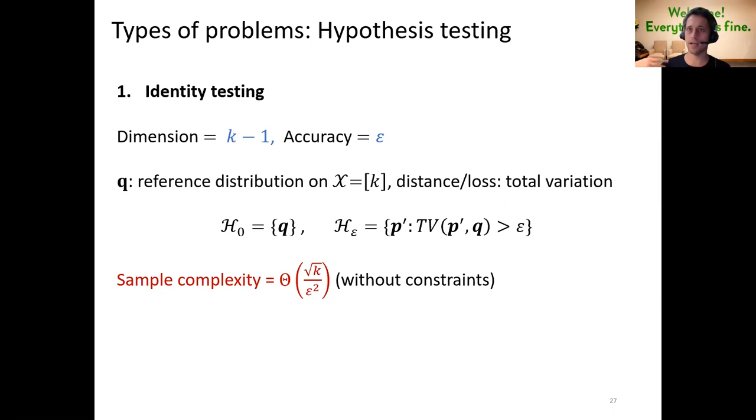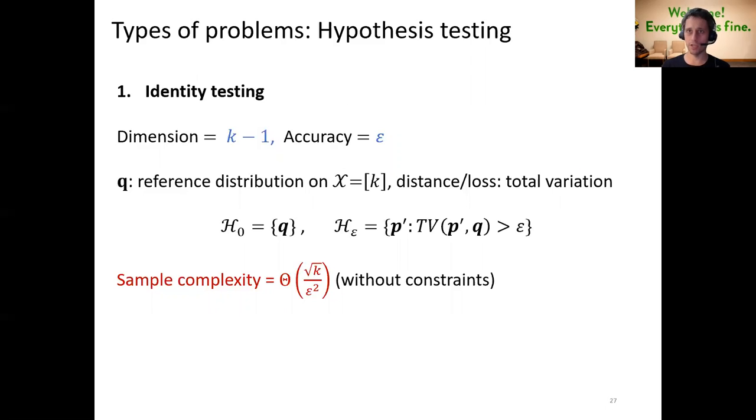It has all the usual nice things you might want, so it satisfies post-processing, etc. It's a very stringent measure, and one big advantage it has, especially compared to L2 distance, is, well, it makes sense. If you look at the L2 distance between two probability distributions, it could actually be vanishing, down to 1 over square root k, even though the distributions are on disjoint support.